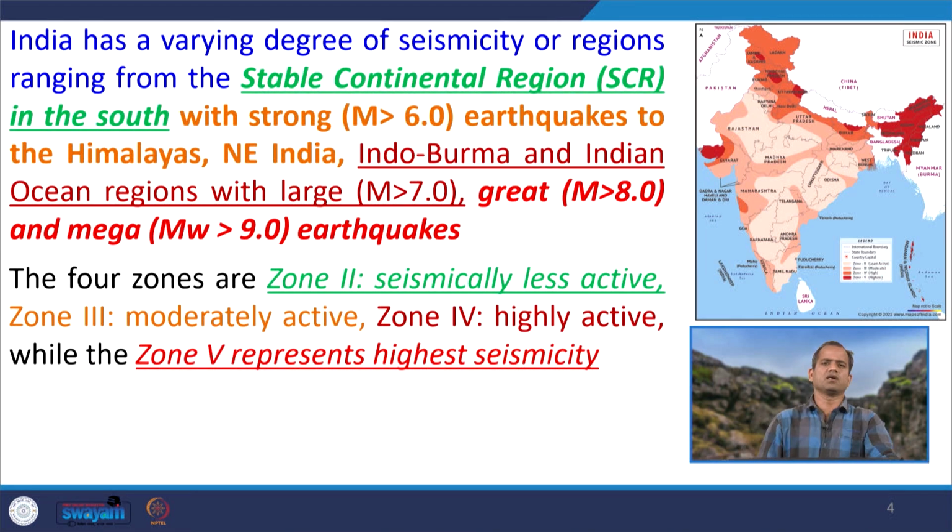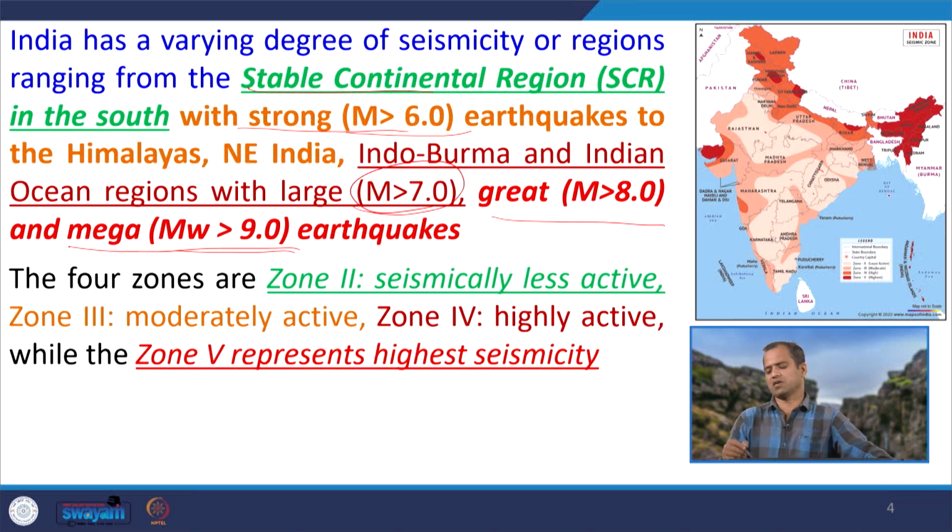India has varying degrees of seismicity, with regions ranging from stable continental region, that is some parts are stable, to strong, that means greater than magnitude 6 earthquakes in the Himalayas and northeast India. The Indo-Burmese and Indian Ocean region is characterized by magnitude more than 7, great earthquakes of more than 8 and 9, or mega earthquakes of more than 9, particularly at the plate boundary zone.